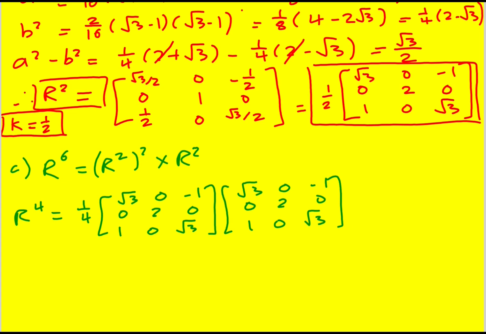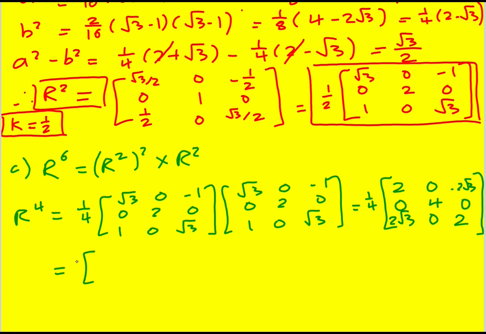So we said there's a lot of matrix multiplications going on here. So I'll get 3 minus 1, I'll get 2. I get 0. I get minus root 3 minus root 3, so minus 2 root 3. 0, 4, 0, 2 root 3, 0, minus 1 plus 3 gives me 2.